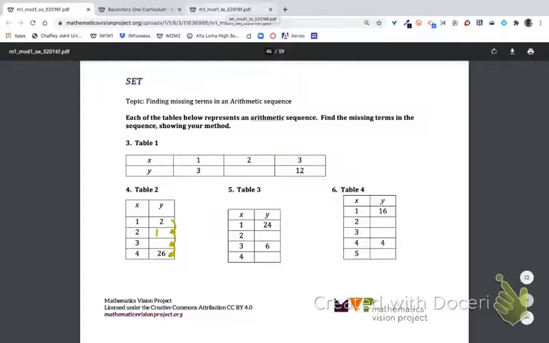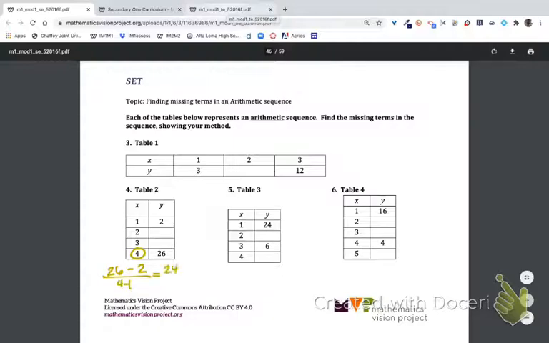However, that starts to get a little bit cumbersome. And as you will have heard in the lesson, there are other ways that we can find that number. We can take our last term, 26, minus our first term, 2, and divide it by our last input minus 1, so 4 minus 1.